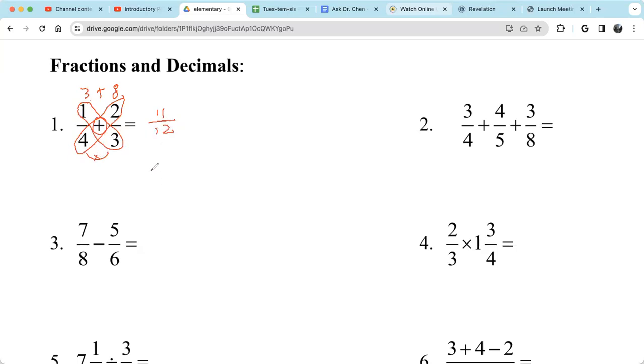It's exactly the same as making common denominators, right? The common denominator of 3 and 4 is 12. So let me erase this and do another way of thinking. We need a common denominator of 12.